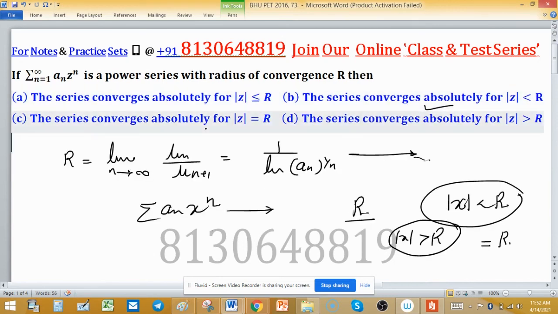In option C, equality holds, and it may or may not converge, because at boundary points, where the radius of convergence is R, the series is sometimes convergent, sometimes not. The series converges absolutely for mod z greater than R? This is commonly known: when mod z is greater than R, the series diverges. So the correct option is only B.